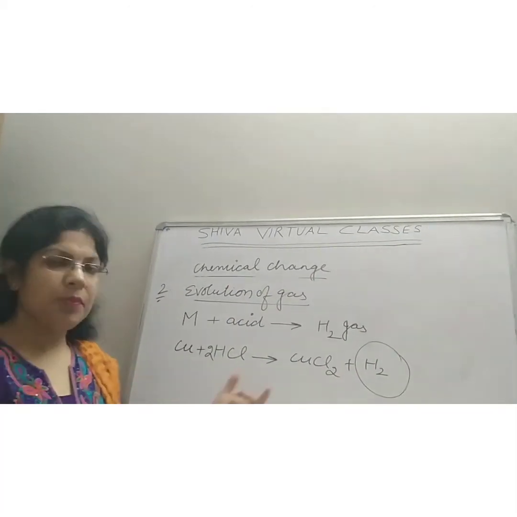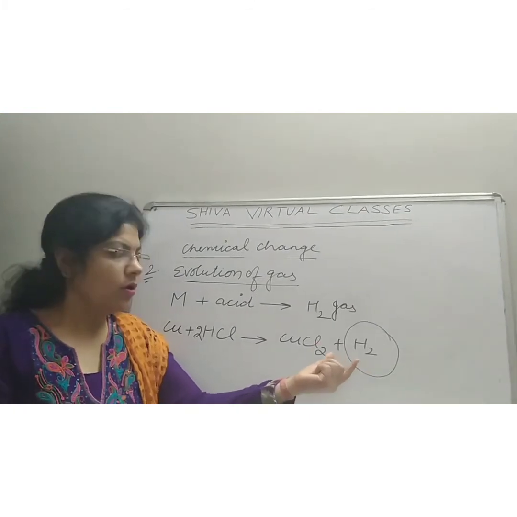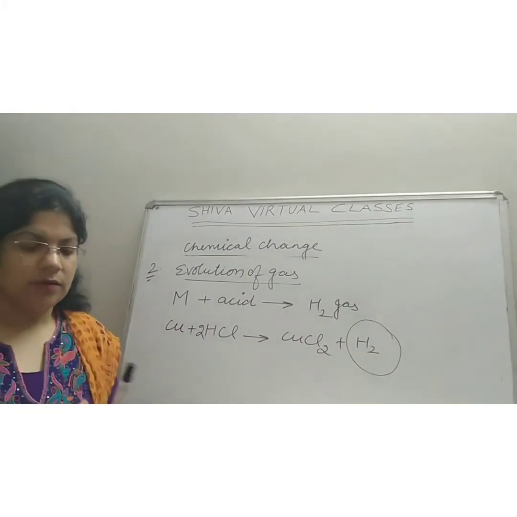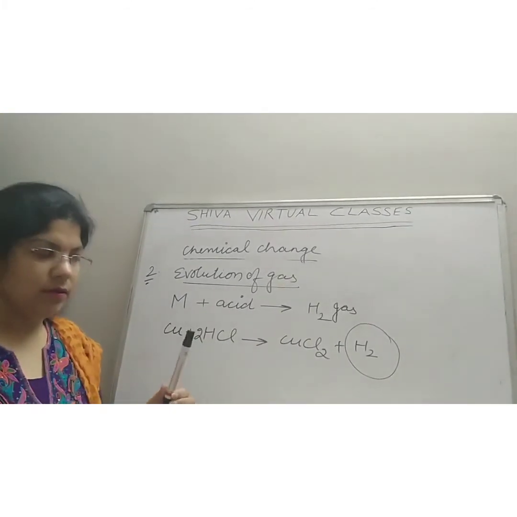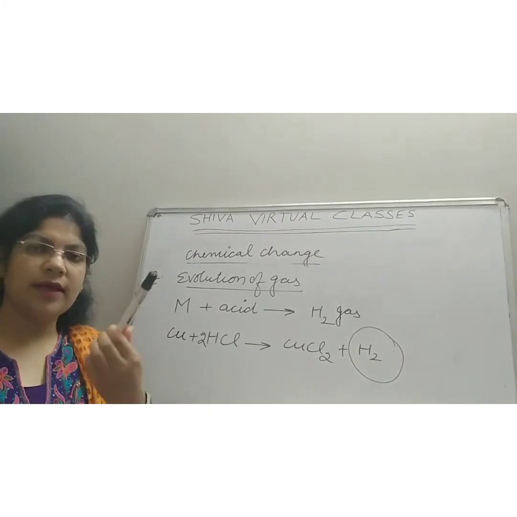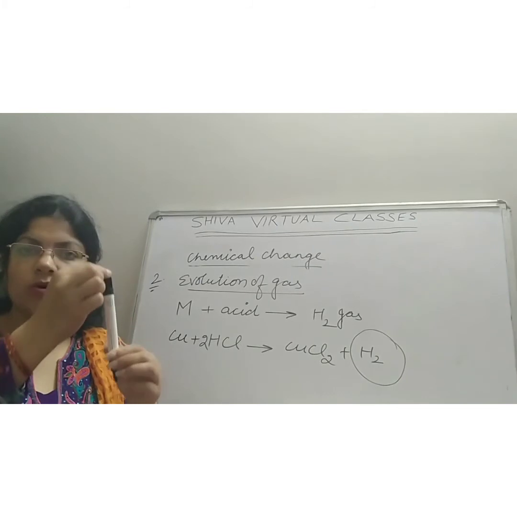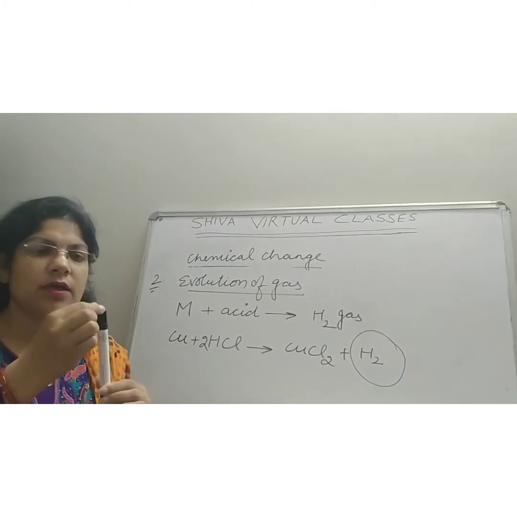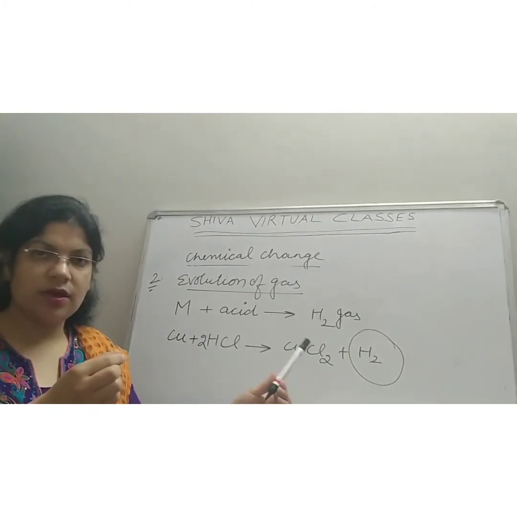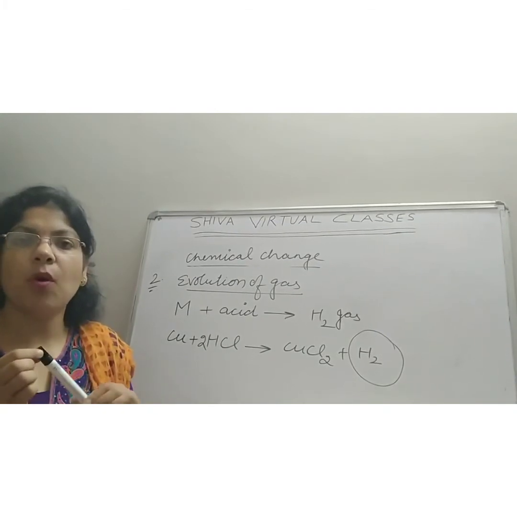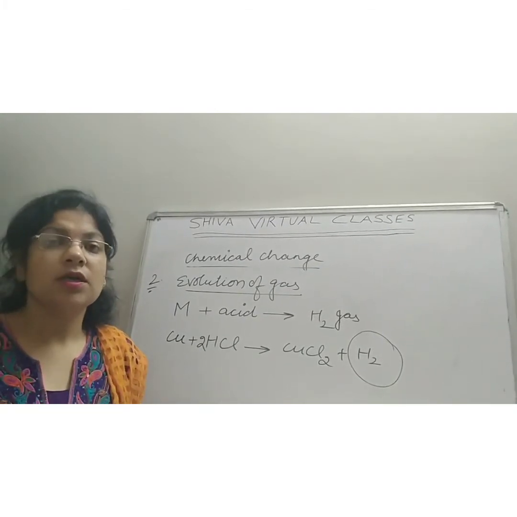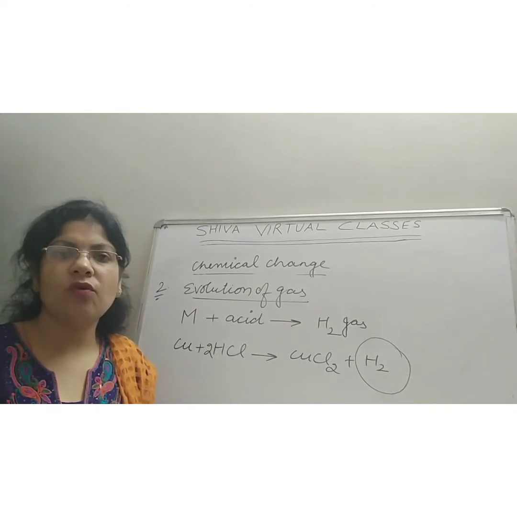How can you check that the hydrogen gas is evolved? To check the presence of hydrogen gas, when we add metal in acid in a test tube, we put the burning candle or burning matchstick on the mouth of the test tube. There is evolution of the hydrogen gas, due to which it produces the popping sound. Popping sound means just like in the bursting of the crackers.